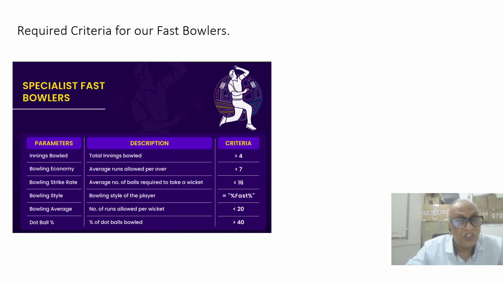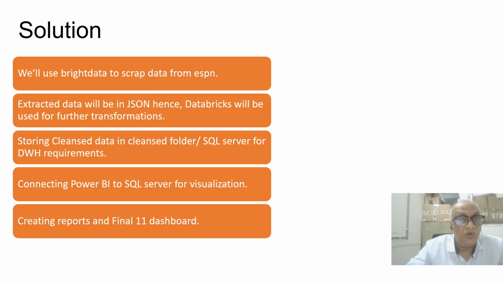For specialist fast bowlers, the criteria should be speed, number of dot balls, average runs, bowling economy, strike rate, all these come under the fast bowlers.